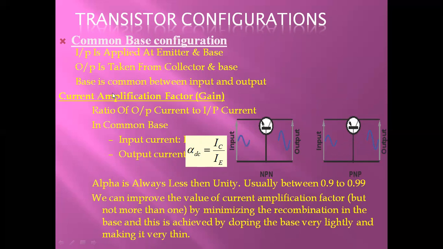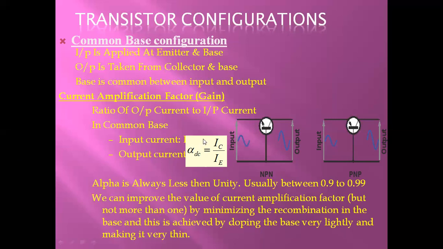By this, the current amplification or current gain is the ratio of output current to the input current.